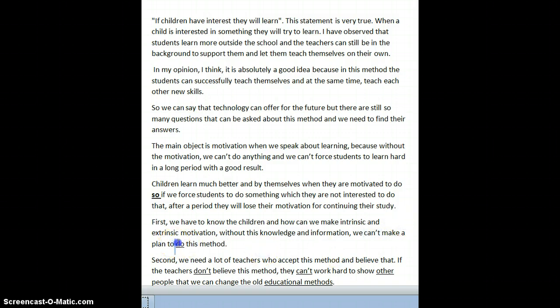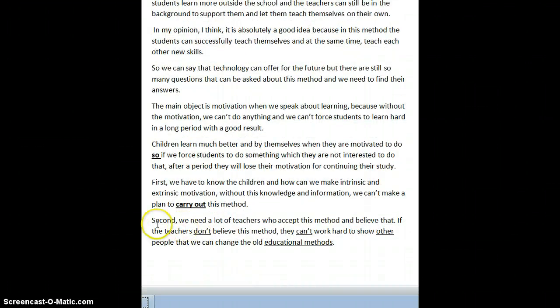Now I had previously asked if you could change the verb do, and I had previously said that for plan or method we have a different verb, and the verb I was looking for was, for example, carry out: carry out this method or carry out a plan. That's what I was looking for, and I know that you know this because I've seen it in your previous work. So we can't make a plan to carry out this method. Okay, so that would be a much better substitute for the verb which was used there.